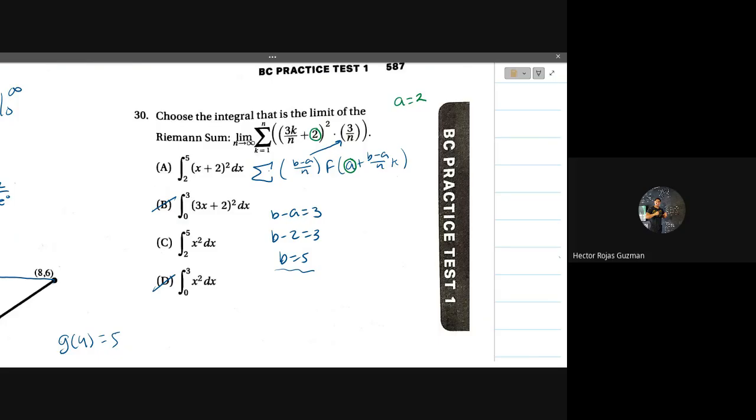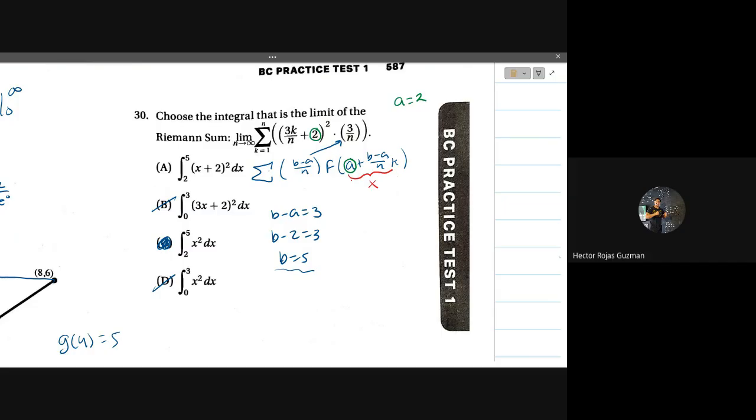That right there should be enough. In addition to that, this part is usually just your x, especially when you have it in this simplistic form where you just have a plus b minus a over nk, which means that this is going to be c.